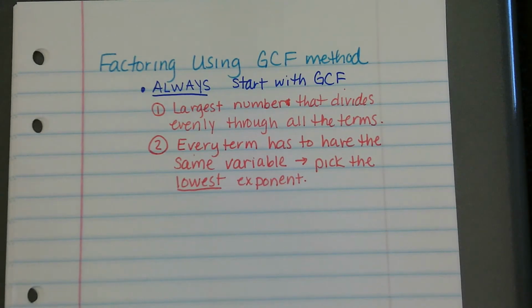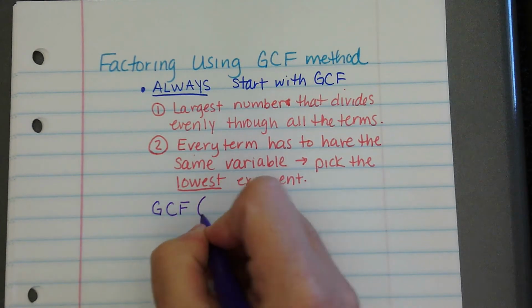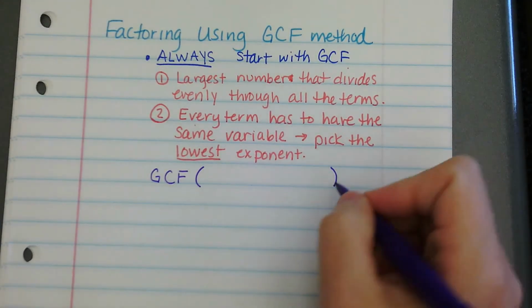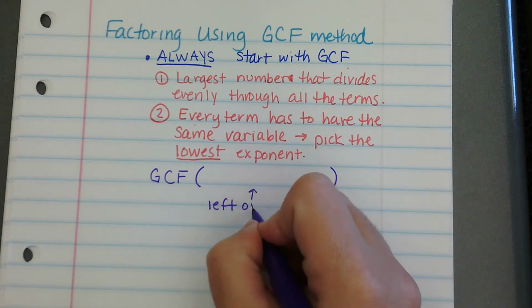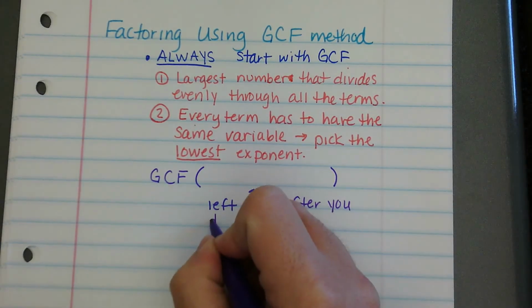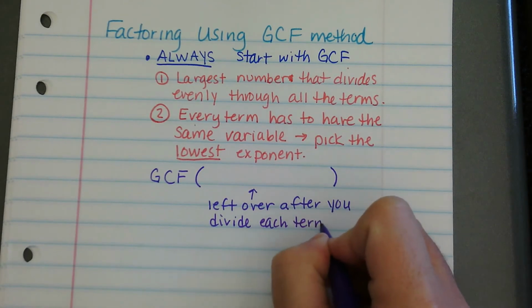Then, after you find the biggest number that divides evenly through all the terms and the lowest exponent that all of the terms have, the last piece is that your GCF is going to go on the outside of one set of parentheses, and everything on the inside of the parentheses is going to be what is left over after you divide each term by the GCF.